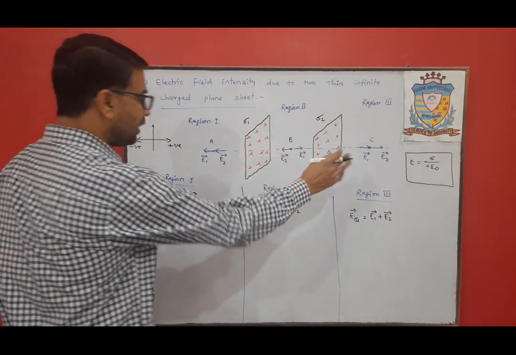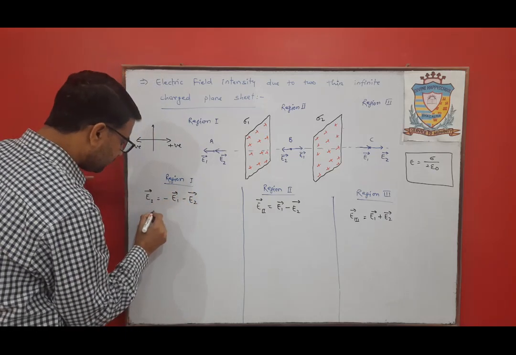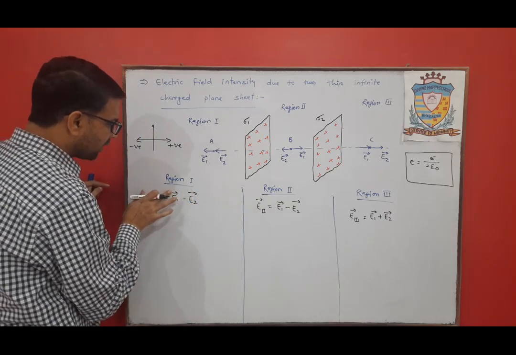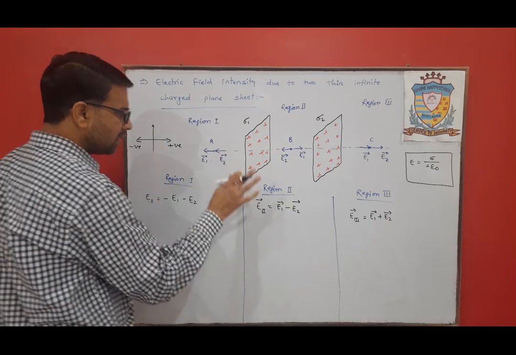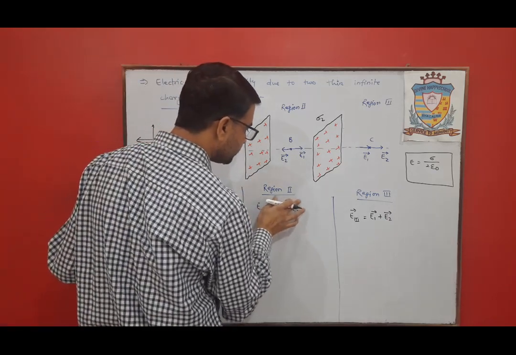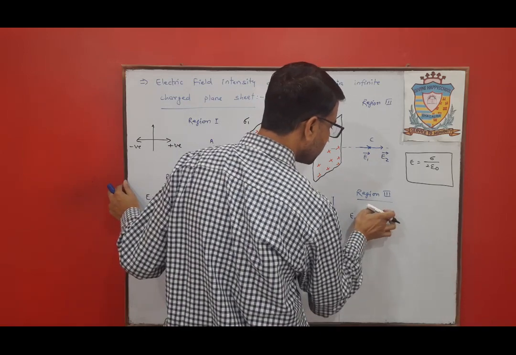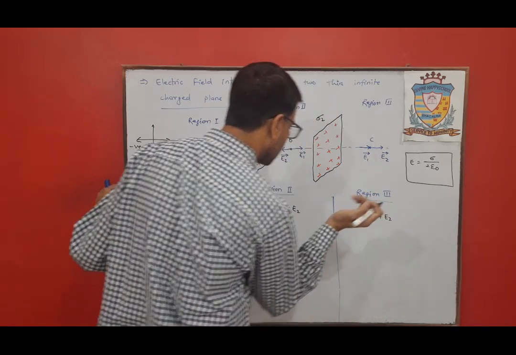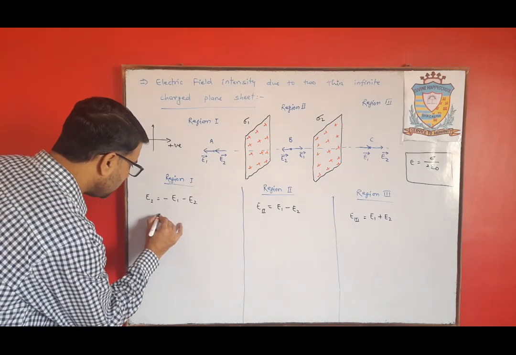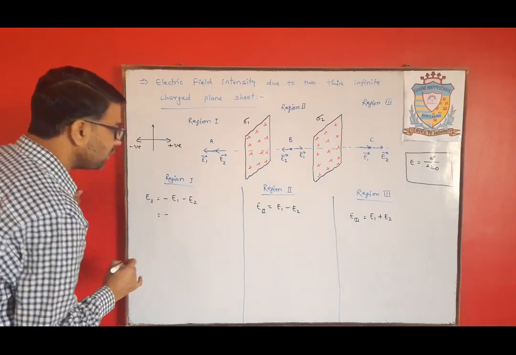Okay, so we'll put this value over here. If we consider only the magnitude, next we'll consider the direction. We'll see it later on. Okay, so here in place of E1, what we have now?